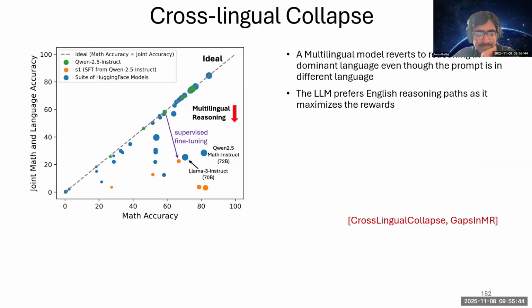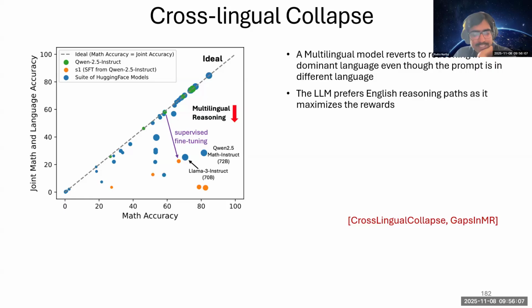So cross-lingual collapse happens when a reasoning model tries to reason in English rather than in the language of the query. And ideally, if you look at the graph, you have math accuracy on the x-axis and joint math and language accuracy on the y-axis. Language accuracy here refers to: you look at the reasoning trace and try to identify its language.